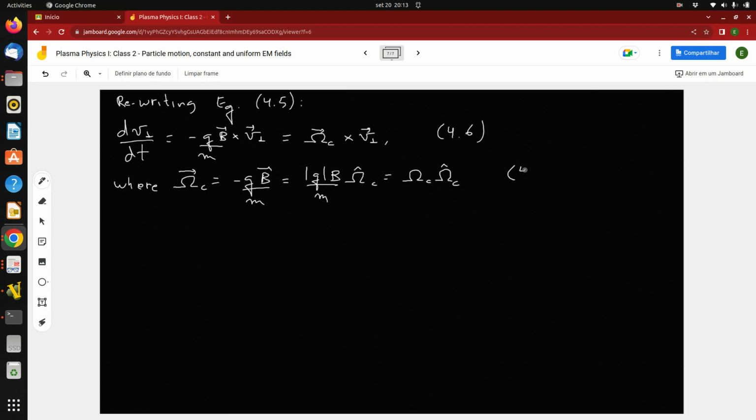Okay, 4.7. I just introduced a new notation where this is equal to the modulus of this.